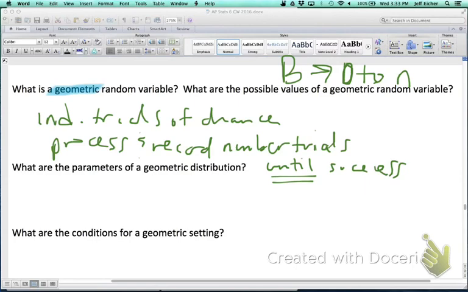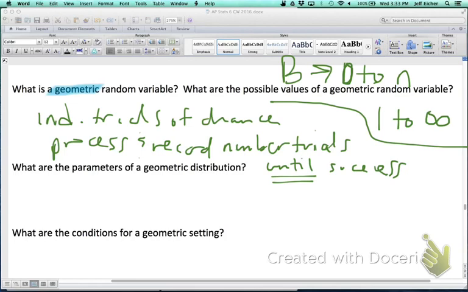We can't have a case where it took us 0 times to get doubles to get out of jail in Monopoly. That doesn't make any sense. So you could have 1 to, technically, it could take a long, long time depending on what your probability of success is. So the values of the variable are 1 to whenever it ends.